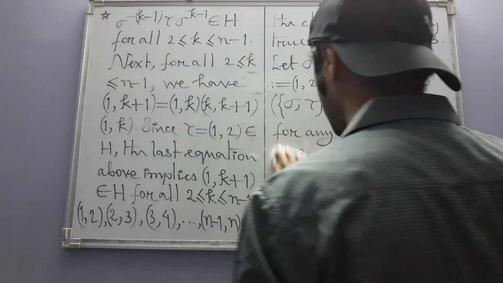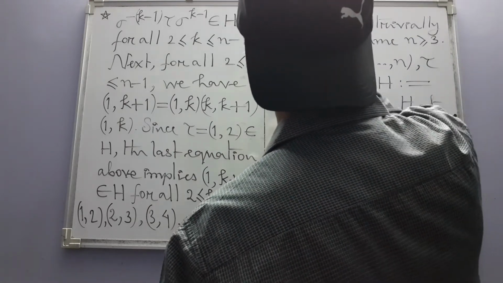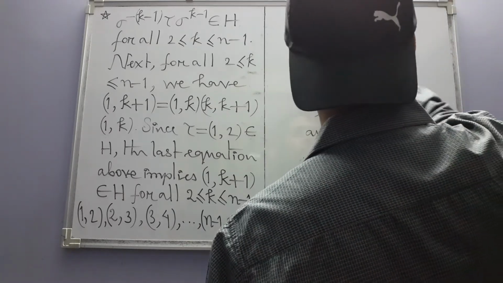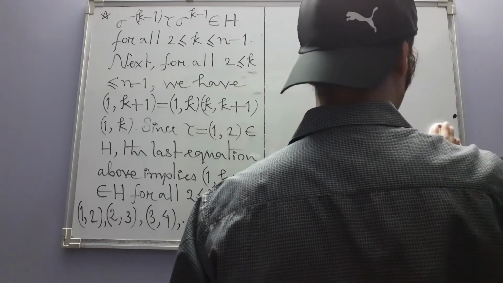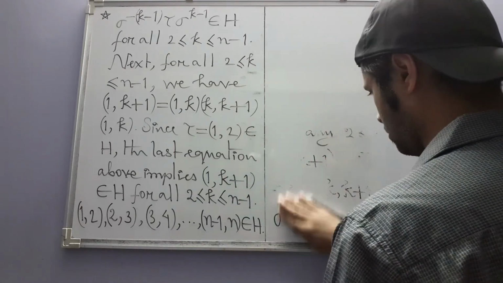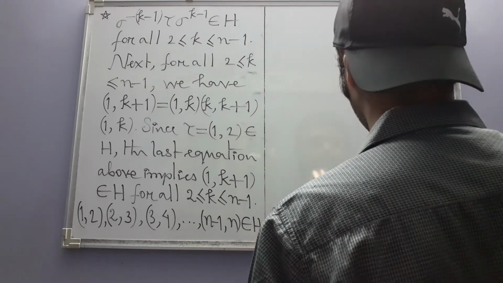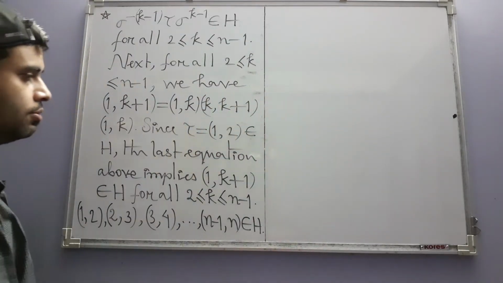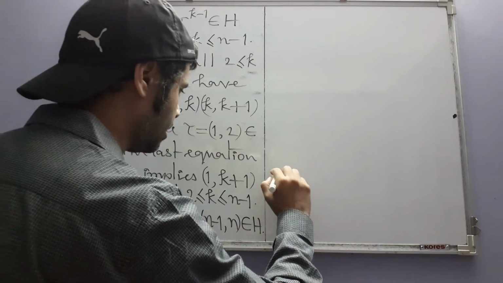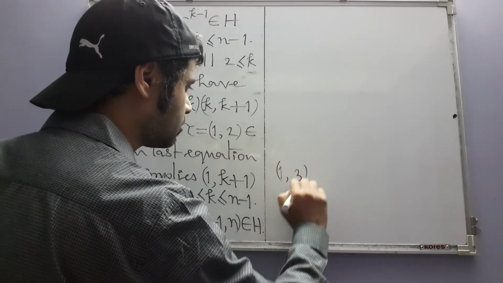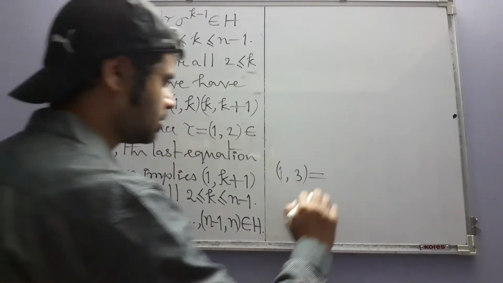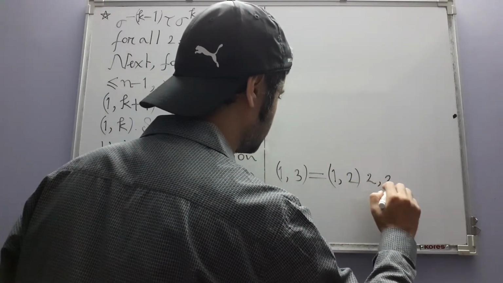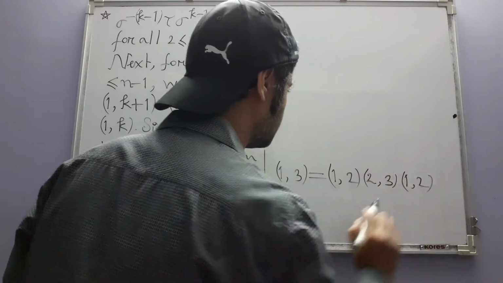When k is 2, then we get, let me write it here, (1, 3) is equal to (1, 2) times (2, 3) times (1, 2).